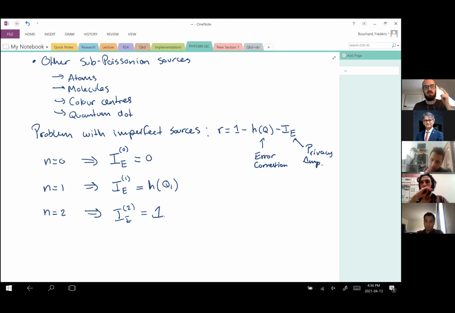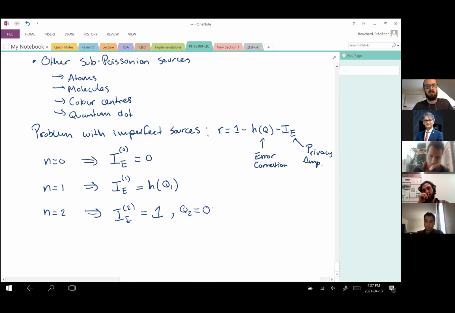If she knows that there are two photons, she can take a beam splitter and take one of the photons out. So there's now information on both of them. She can store that photon in a quantum memory, send the other one to Bob, and wait until they're sifting and calling each other, saying what basis they used, and then measure the other photon. And then she gets all the information, basically. So whenever you get a two photon state, Eve can get all the information, and her error rate will be 0.